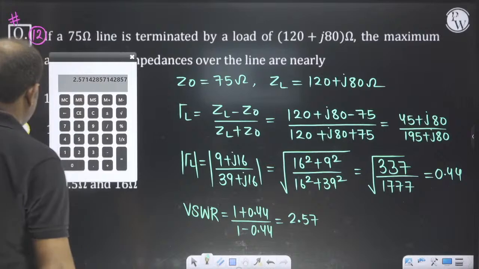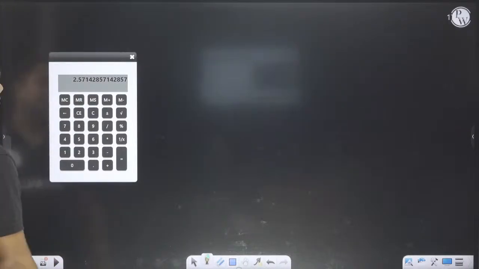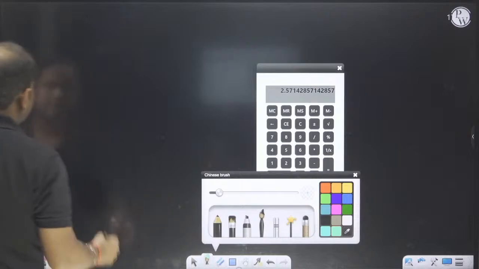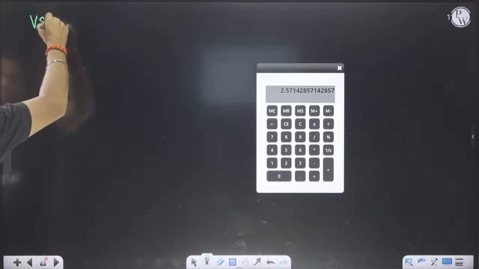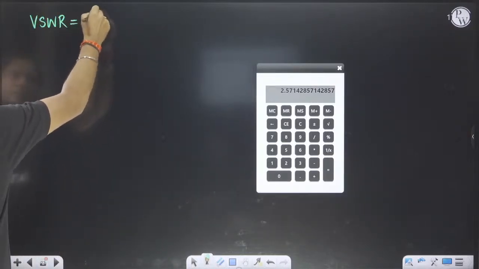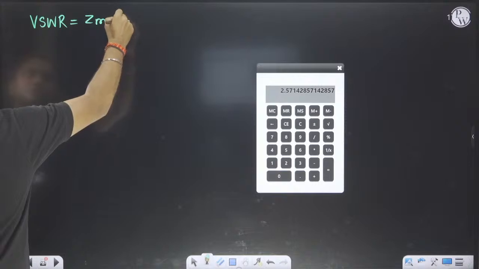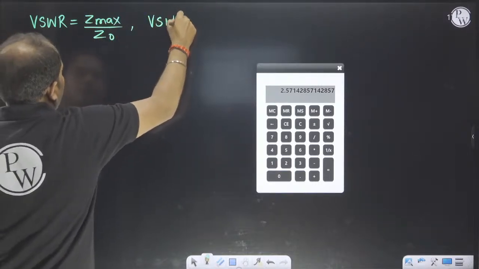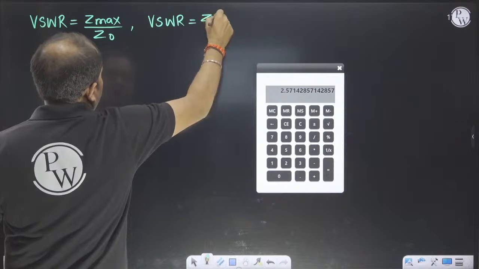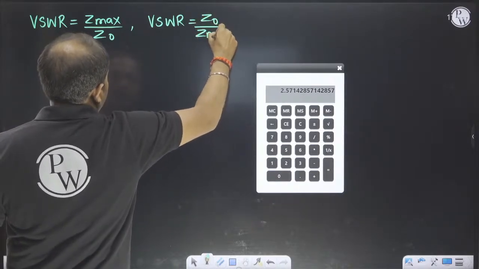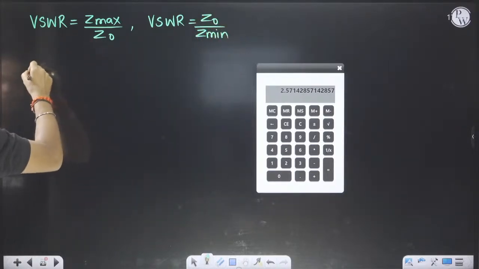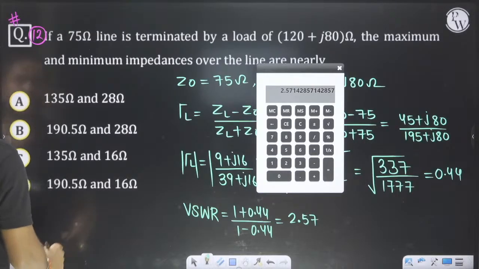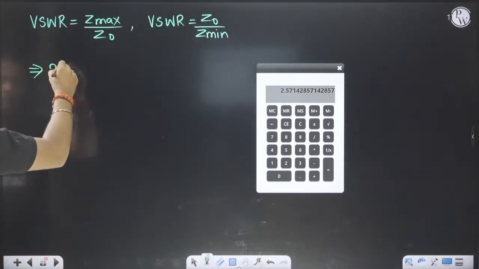Then we go to the next part, that means Z max. VSWR is equal to Z max upon Z naught, and VSWR is equal to Z naught upon Z min. This is the formula for Z max and Z min. VSWR is 2.57.